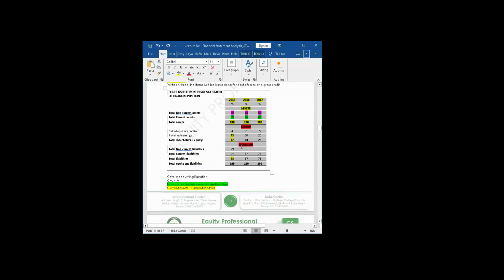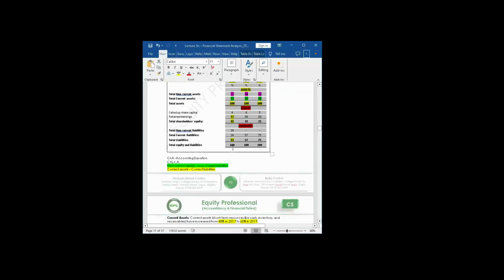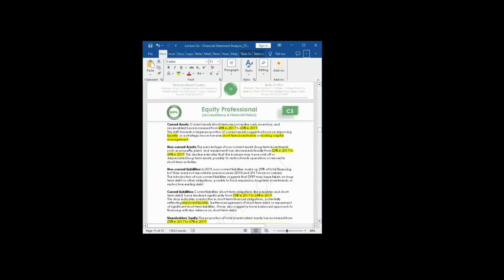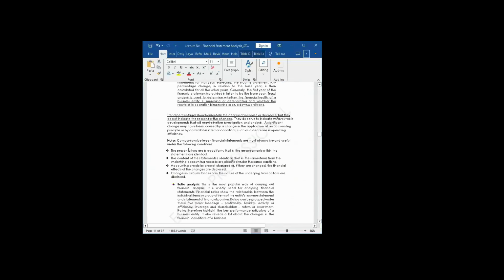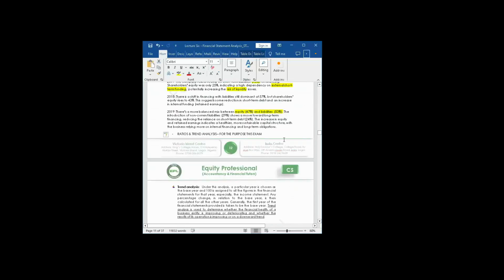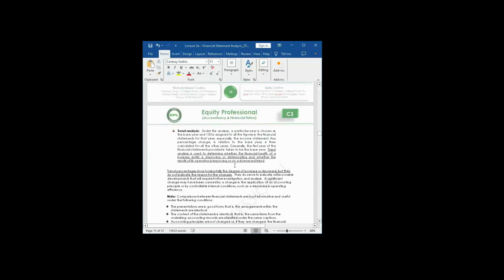This looks more like an x-ray of what is really going on in the financial position of the organization. So it gives you more points to back up your position when you are interpreting the financial statement. But however, for the purpose of this exam, we should stick with just ratios and trend analysis. So that takes us to trend analysis.